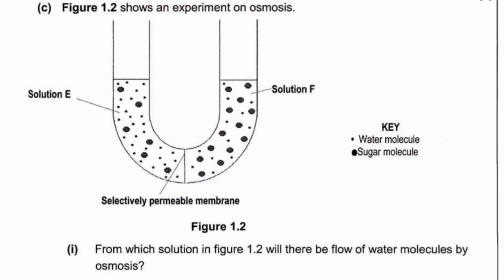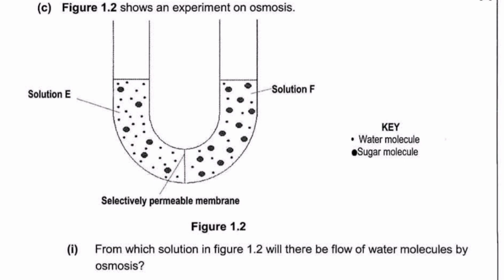Okay, next question, which is question C. We are given a diagram here, an experiment. Figure 1.2 shows an experiment on osmosis. There is solution E and solution F. For osmosis to take place, like I mentioned in the previous video, you need two conditions.